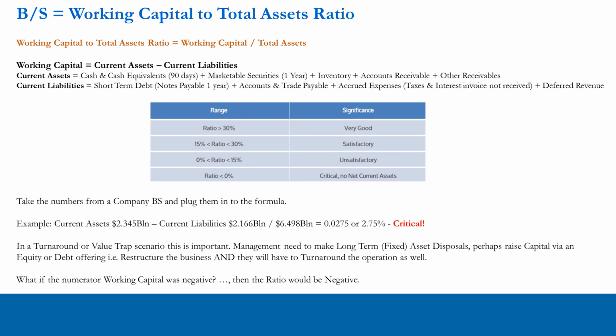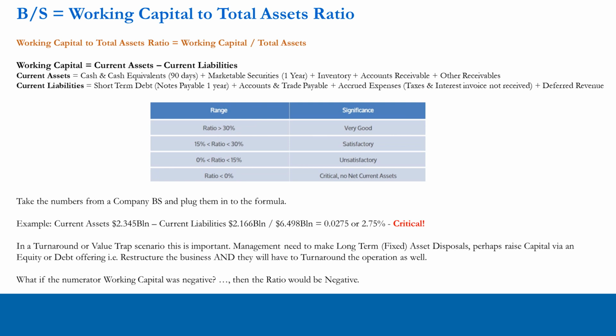So according to the table, if you do the calculation for a company for working capital to total assets ratio, and you get a number of 0.3 or 30% or above, this would be considered from an accounting perspective a very good, very strong position for a company. Between 0.15 and 0.3, so 15% and 30%, this would constitute a satisfactory position.